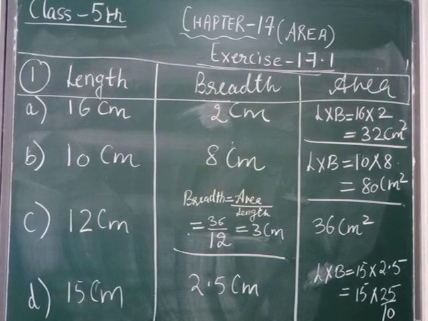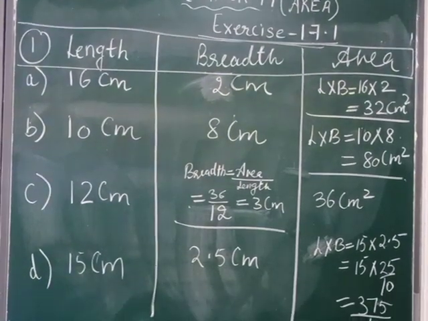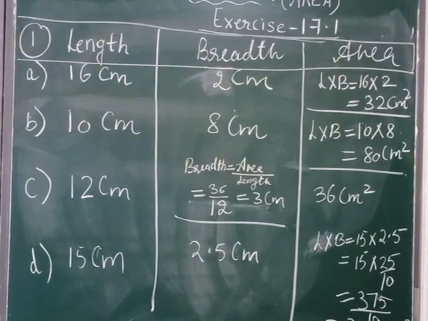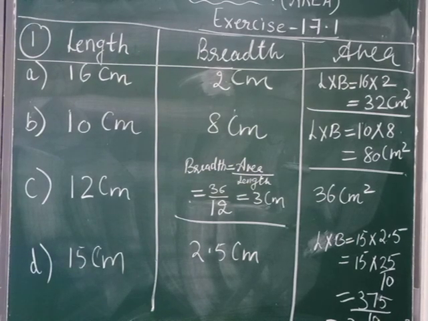So here we are starting with exercise 17.1. As you can see, the first sum is given in the form of a table where the headings are length, breadth and area. In the first sum, A part, we are given the length 16 cm, breadth is 2 cm, and we need to find the area. There is a blank under the area column.